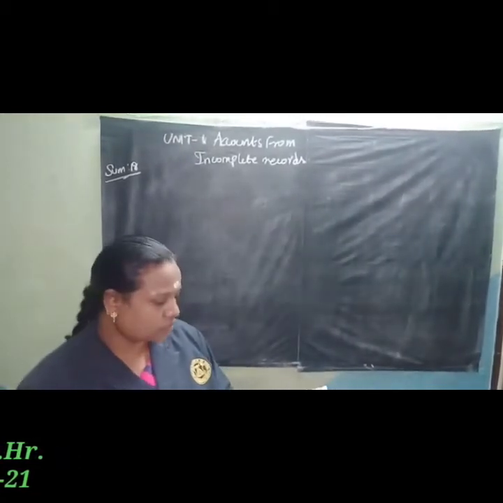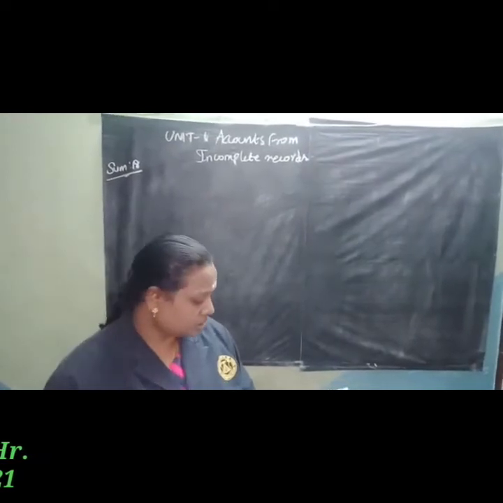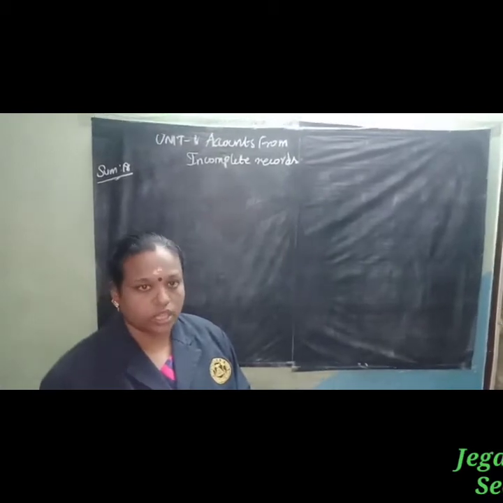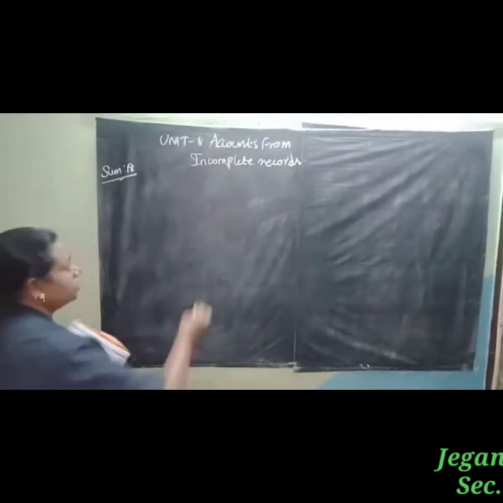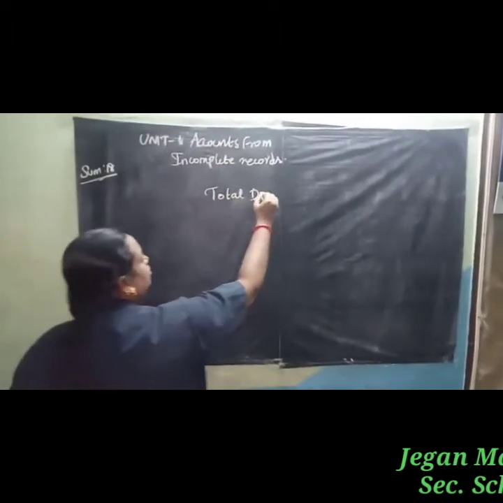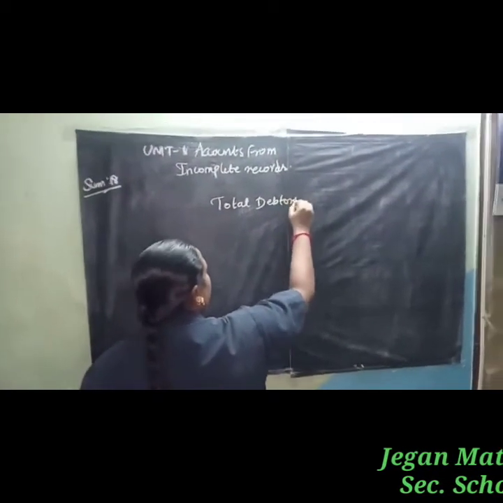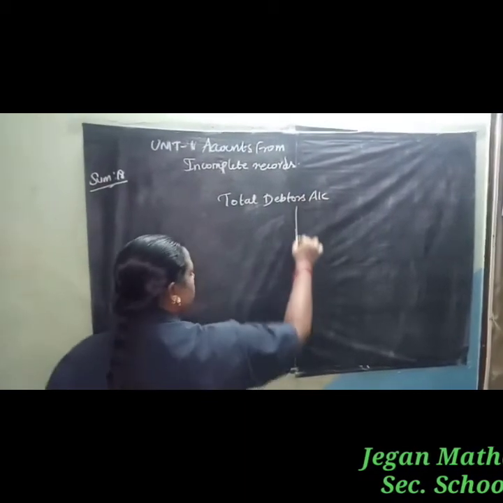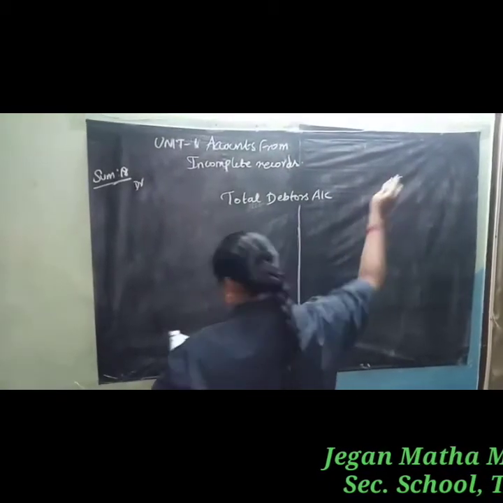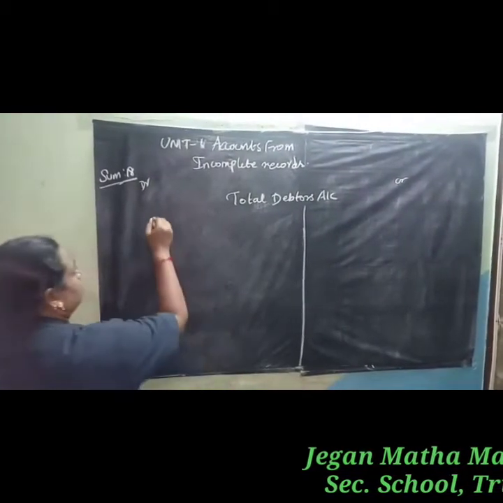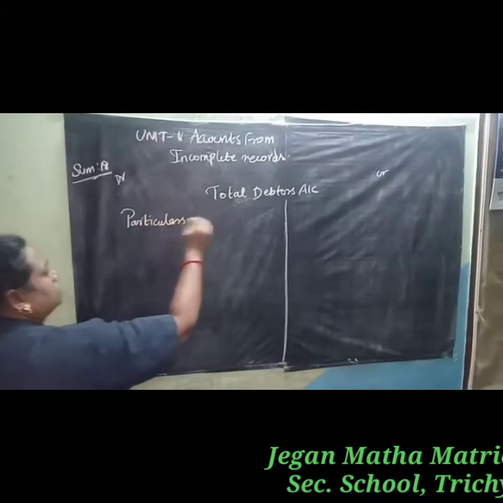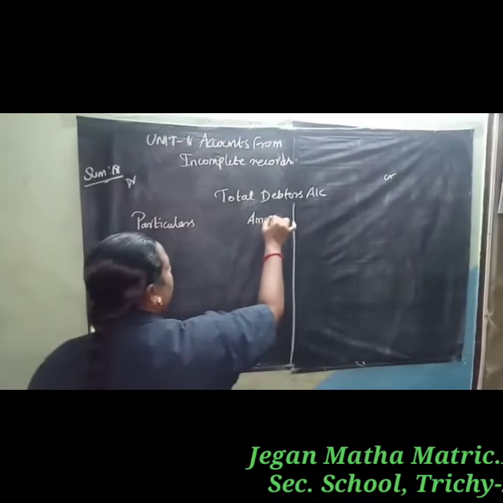In this sum we have to find out the total debtors account, the trading and profit and loss account, and the balance sheet. First we are going to find out the total debtors account. You know the format: total debtors account, debit side, credit side, particulars, amount.